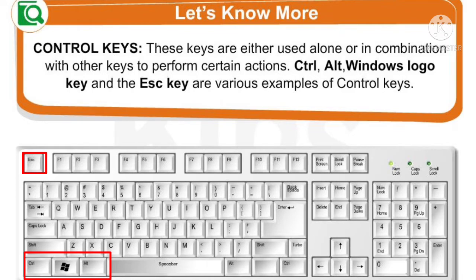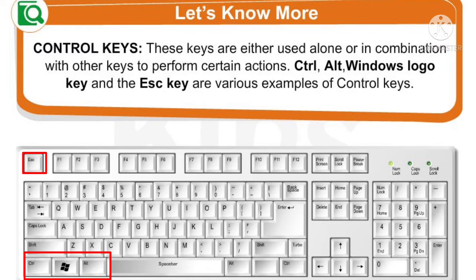So students, these are some control keys. Can you see in this picture? So these are control keys, and they are used alone or they can be used with the combination of different keys. For example, control, alt, Windows logo key and escape key.